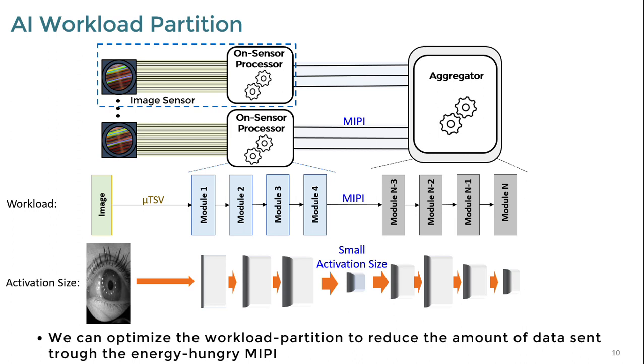The key idea here is that the activation size of our neural network will change during the workload, and we want to send this activation through the energy-hungry MIPI at the point of max compression, when the activation size is smaller.